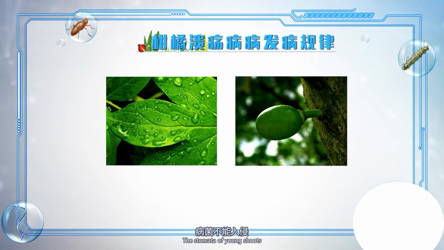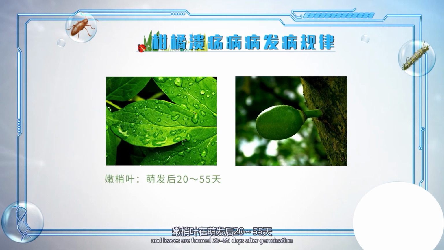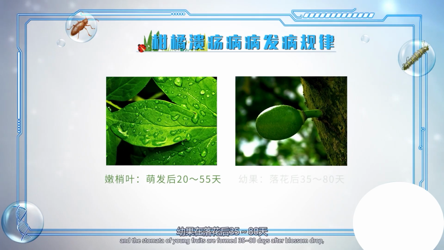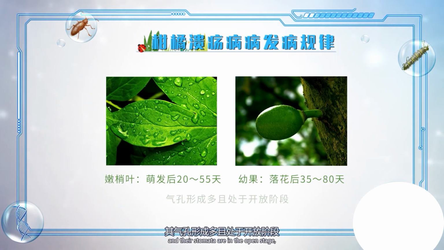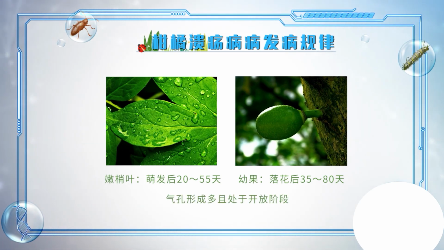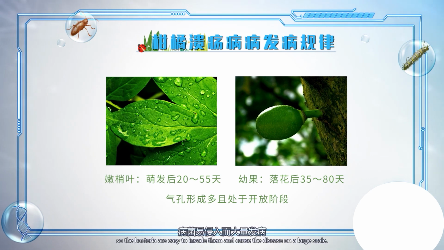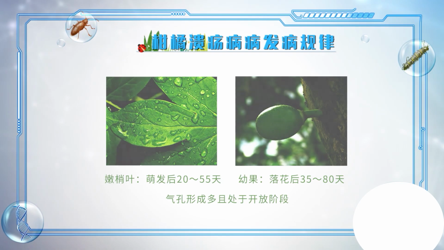The stomata of young shoots and leaves are formed 20 to 55 days after germination, and the stomata of young fruits are formed 35 to 80 days after blossom drop, and their stomata are in the open stage, so the bacteria easily invade them and cause the disease on a large scale.